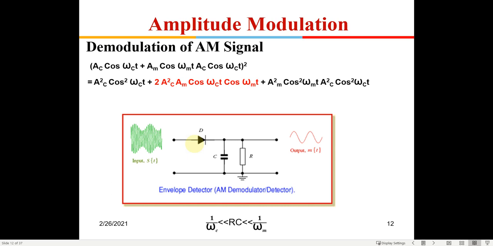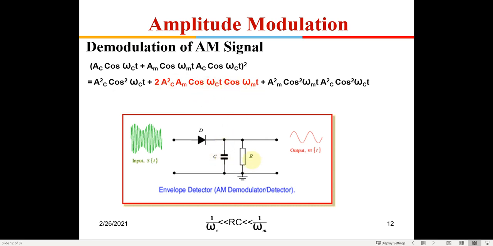Whenever a non-linear component is introduced into the circuit, it generates harmonics, meaning higher frequency components. So when you apply this signal here, the top one, it will generate the square, cube and all those signals, and one of the components will be only cos omega mt.